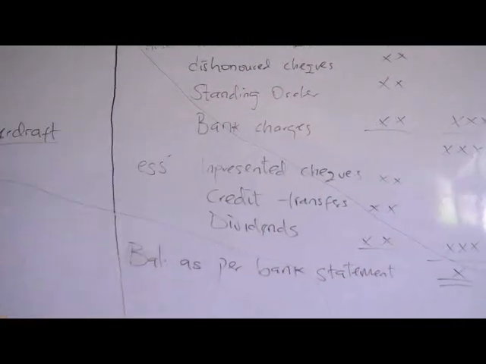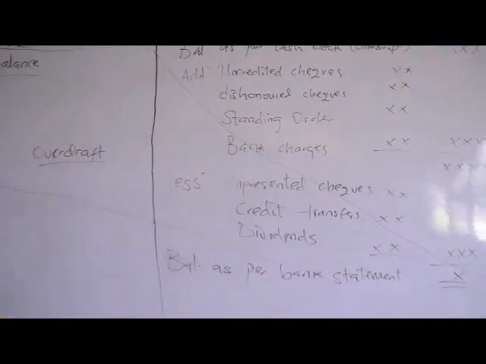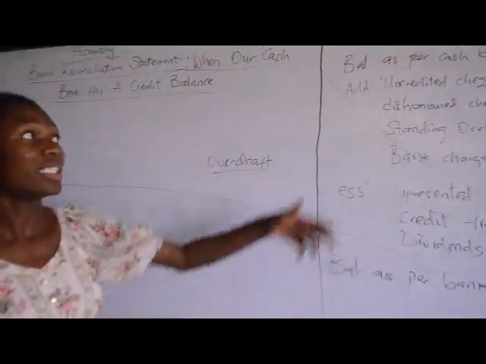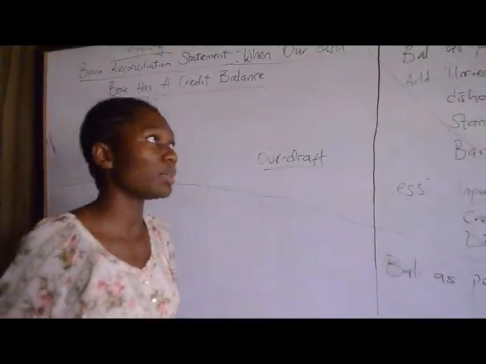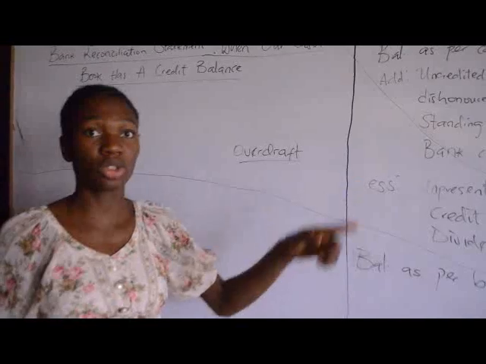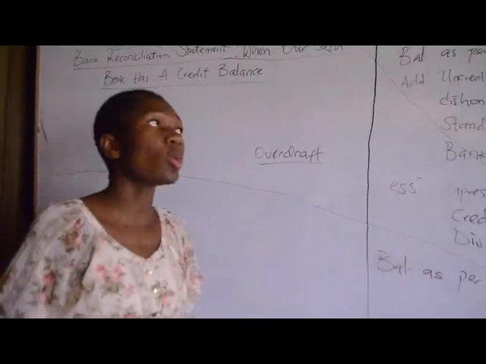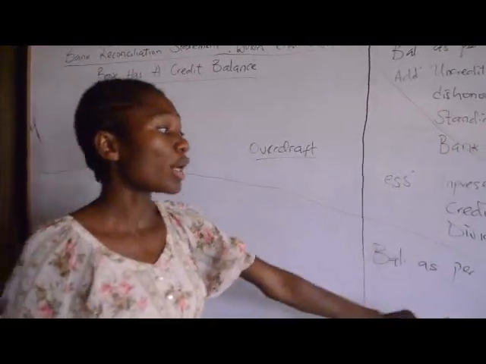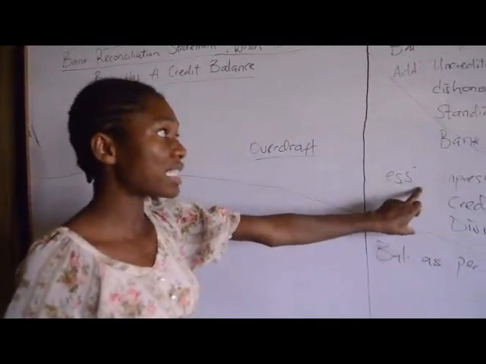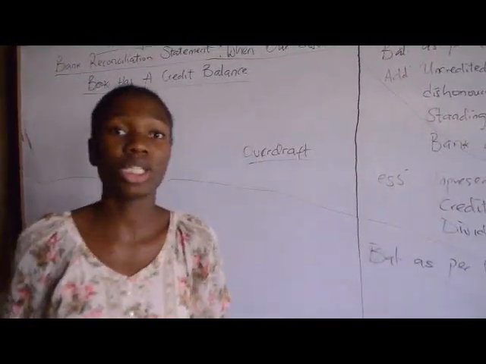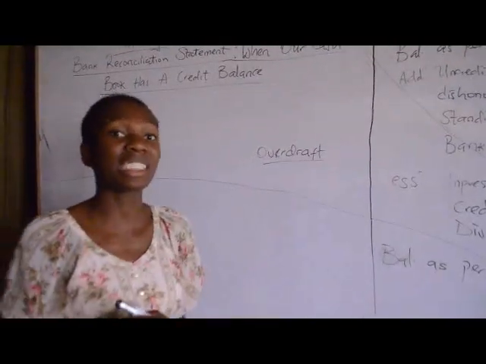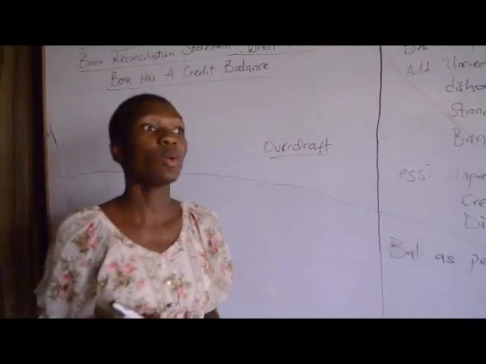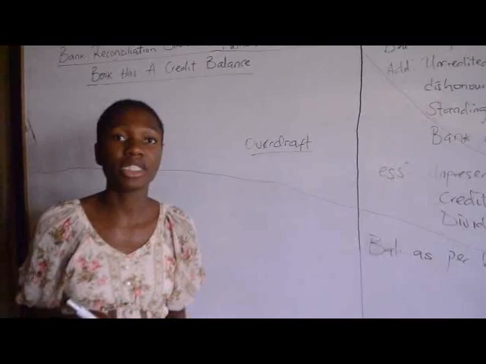This will be our format when starting with balance as per cash book in an overdraft situation. That simply means when we want to start with balance as per bank statement in an overdraft situation, we are going to be adding what we are lessing and lessening what we are adding. So it will look like a balance as per cash book account when we had a debit balance.